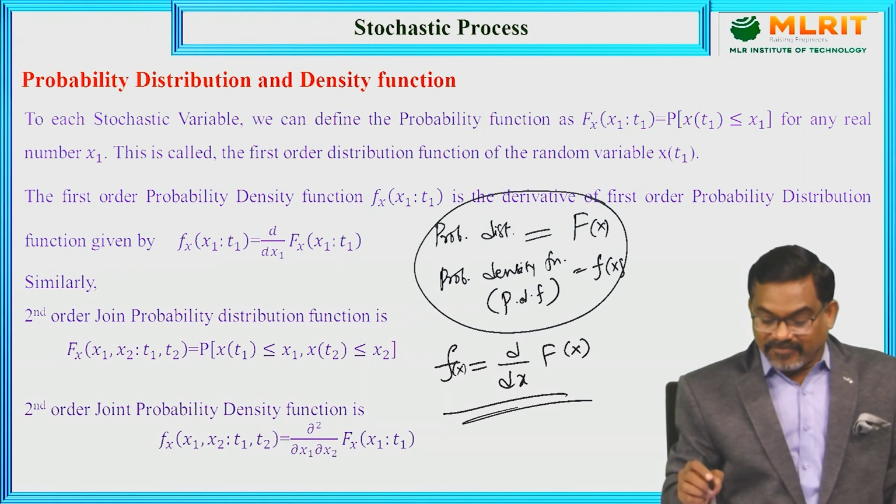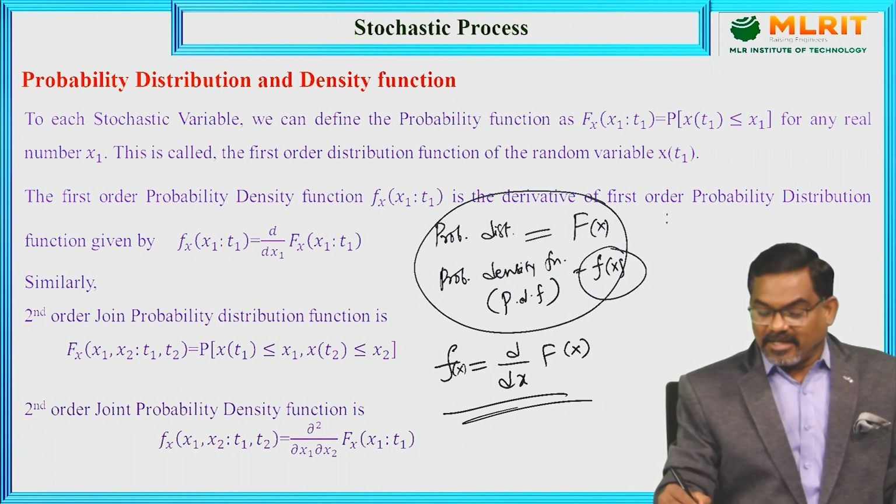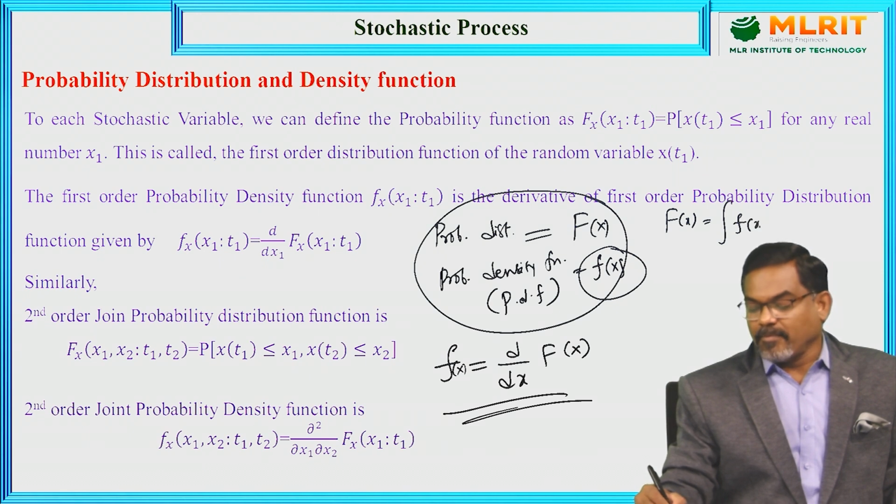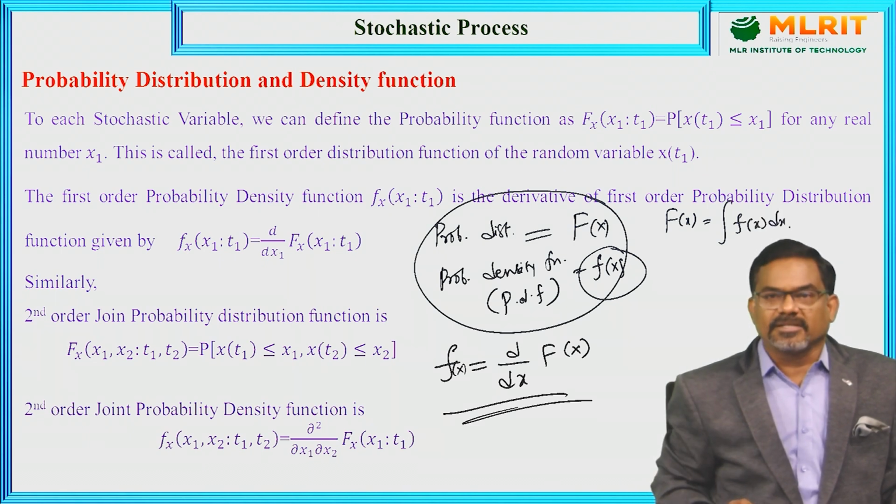Similarly, if probability density function is given, you can find capital F of x by integrating the probability density function with respect to x, f of x dx. This is the relation between distribution function and density function.